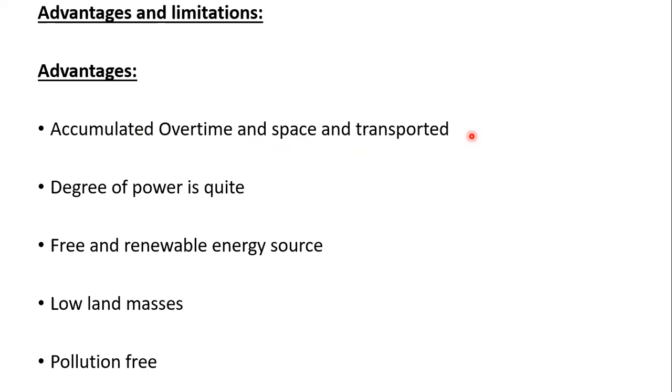Wind is generated at one place and the energy is transported to another place for extracting power. The second advantage is the degree of power concentration, which is substantially higher in waves than the power density in wind.